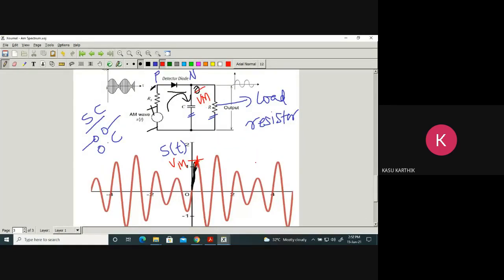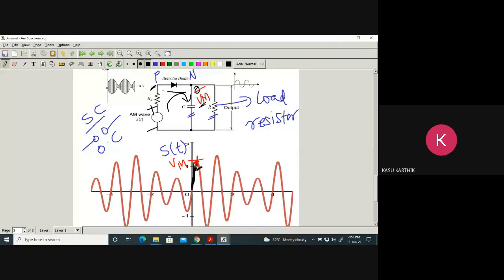So this capacitor is charged to Vm. Vm is the peak of this signal here, the peak of the positive half cycle. Now the capacitor is at this voltage Vm. Then what is happening? Suppose you are applying this signal here. Input is here.